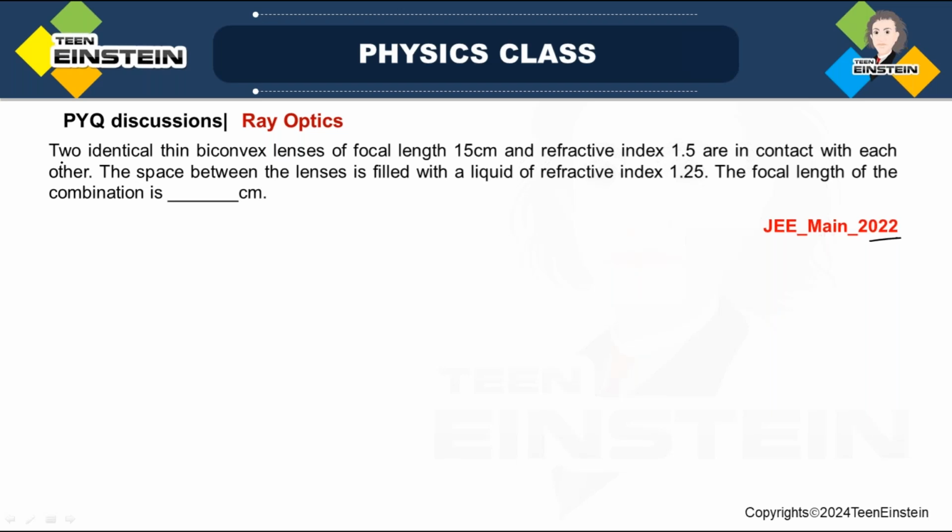This question is saying that two identical thin biconvex lenses of focal length 15 centimeter and refractive index 1.5 are in contact with each other. Biconvex lenses means this. So two biconvex lenses are in contact.